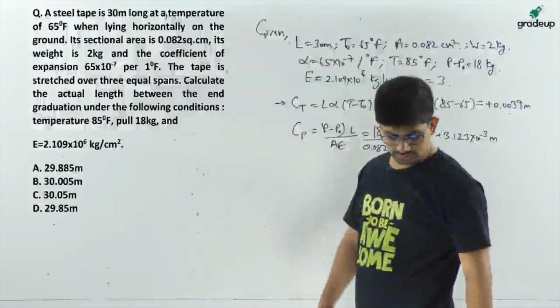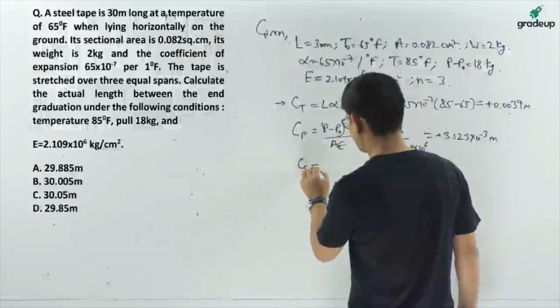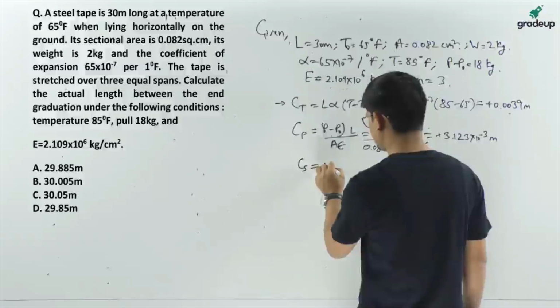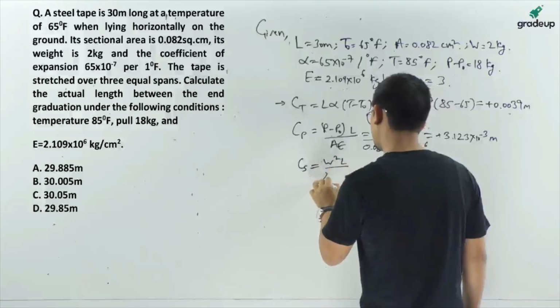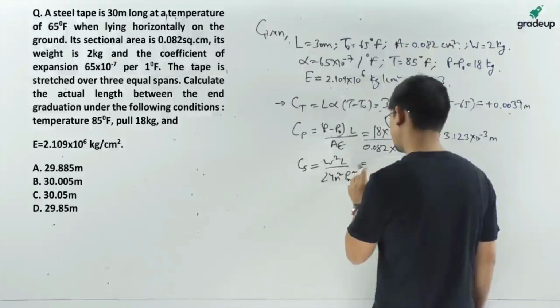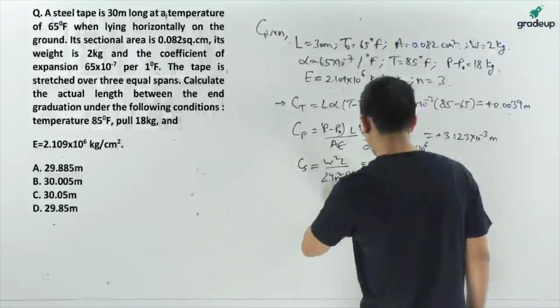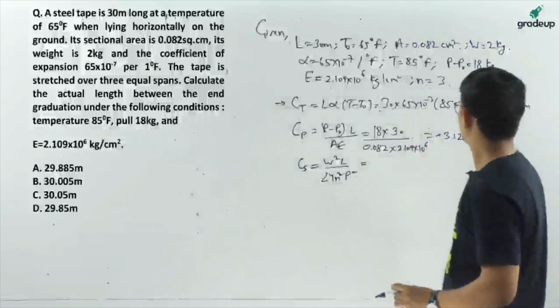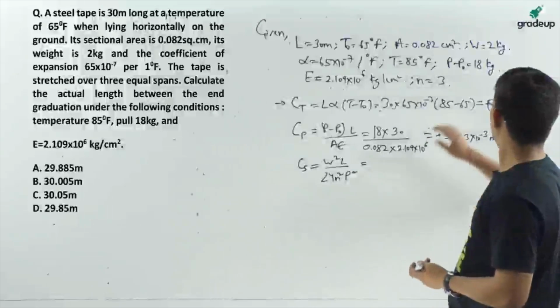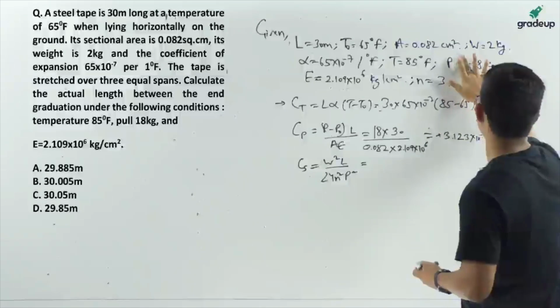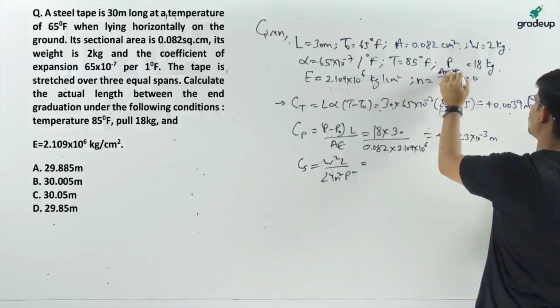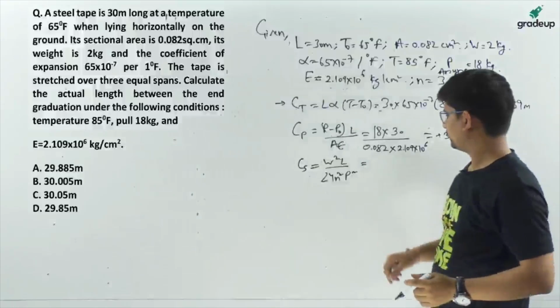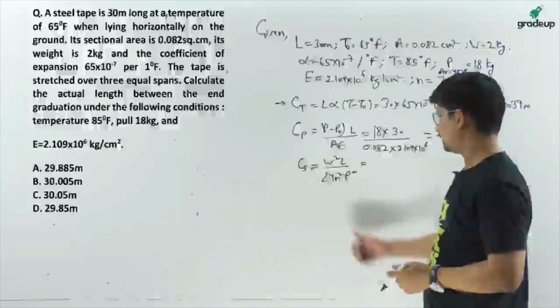Now the third correction is the correction for sag. The formula is W square L upon 24 n square p square. Here this p is 18 kgs.